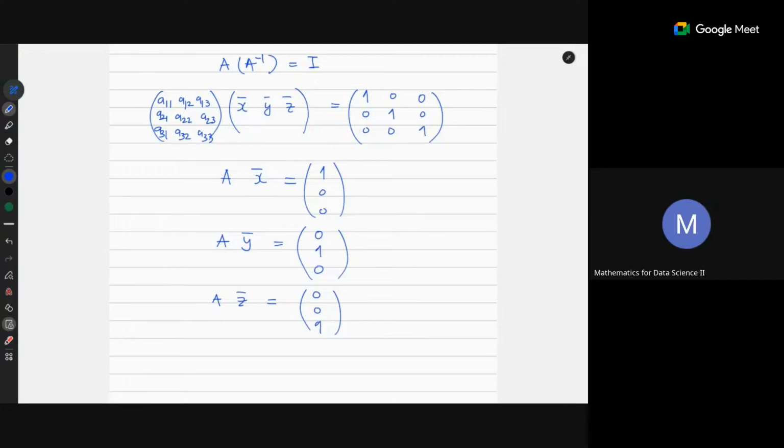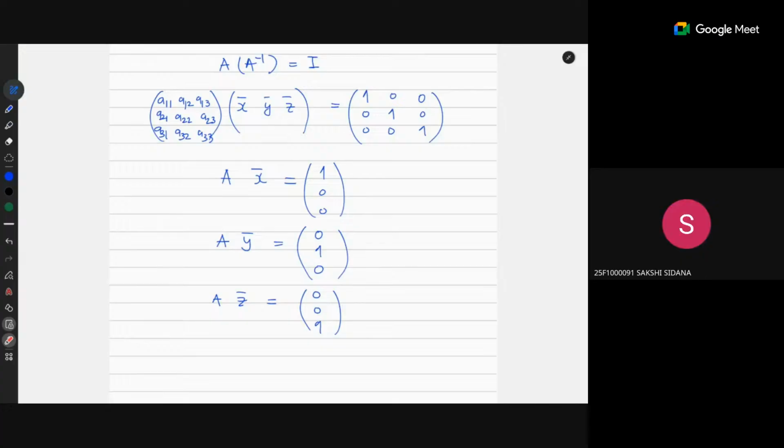Yes. Okay. So how do you obtain this first column? By multiplying which column of A inverse, let's say? We multiply the first row of A with the first column of X. Only the first row? Yes, sir, the first row with the first column. But that will give only one entry, the first entry.